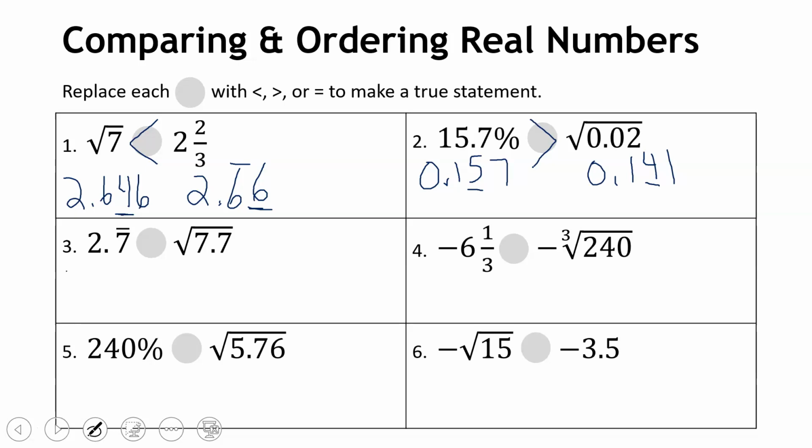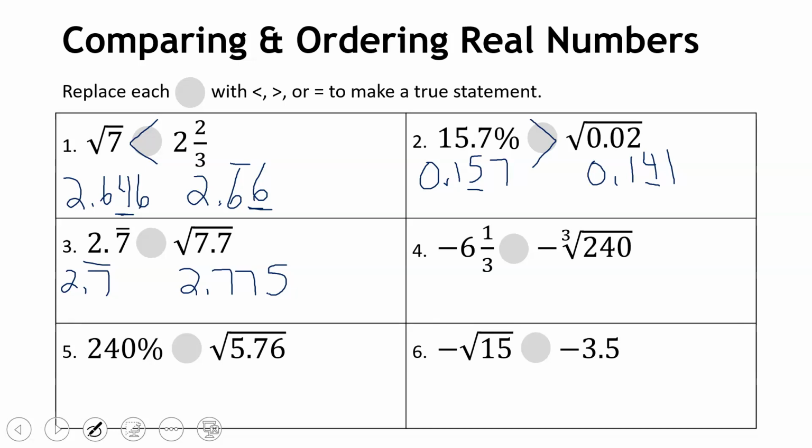In number 3, we're comparing 2 7/10 repeated to the square root of 7 7/10, which is approximately 2 and 775 thousandths. The 2's are the same in the 1's place. In the tenths place, we have a 7.